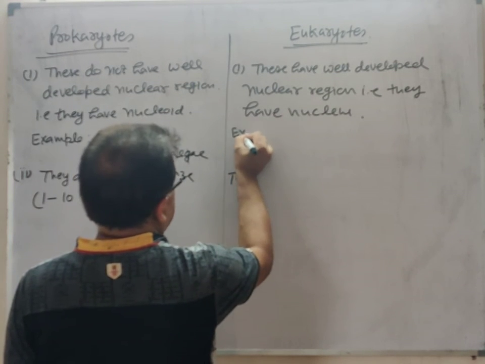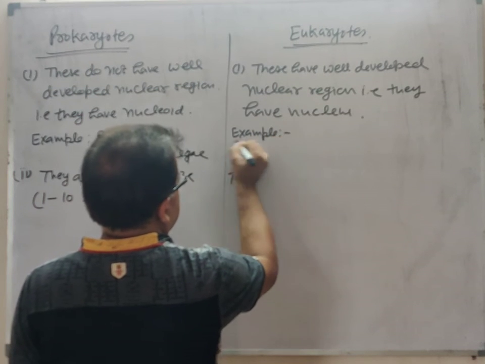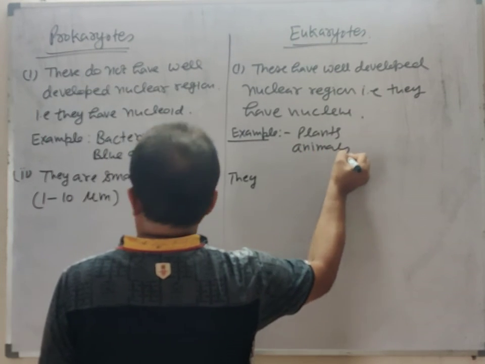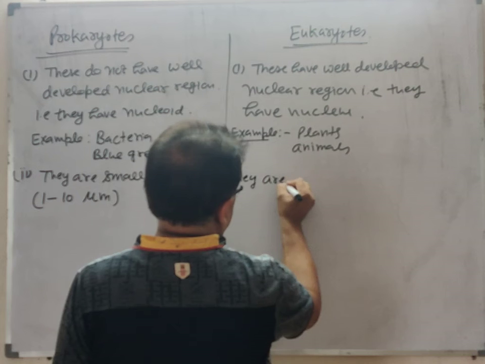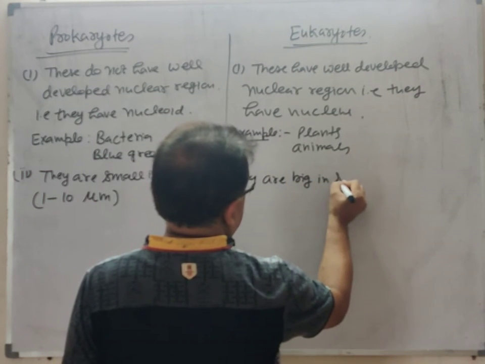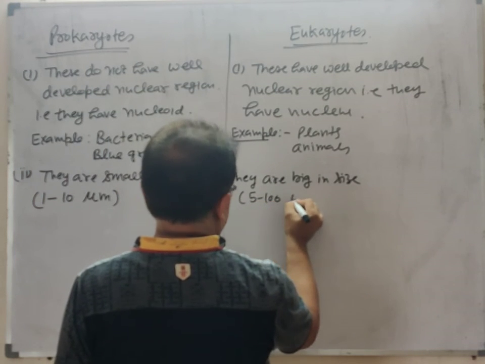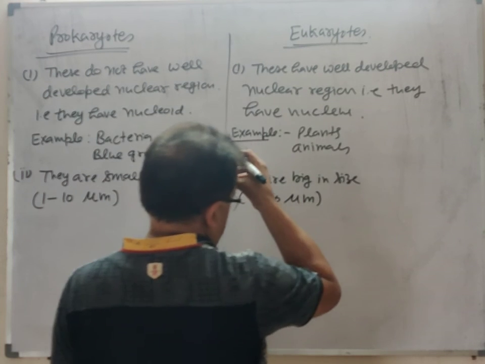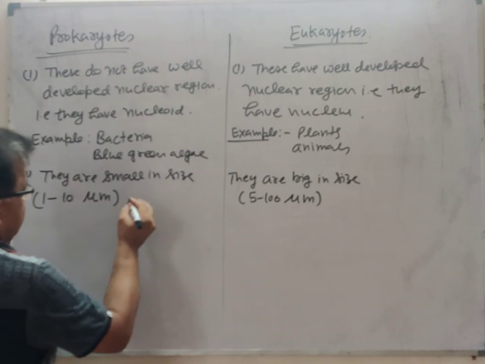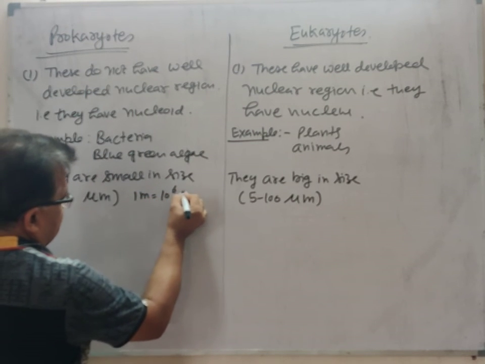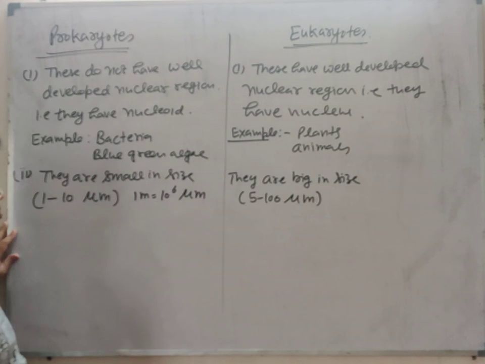If you want to write example, so plants, animals, they are big in size. So their size is 5 to 100 micrometer or micron. Micrometer or micron means 1 meter has 10 raised to the power 6 micrometer. So they are small in size, they are big in size.